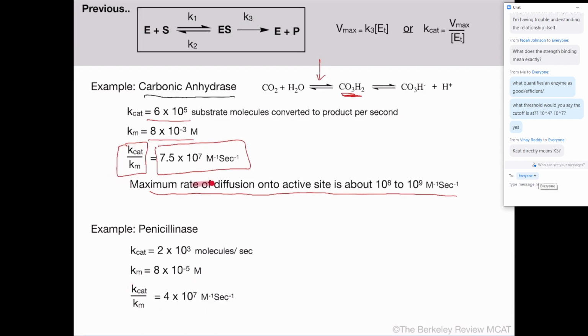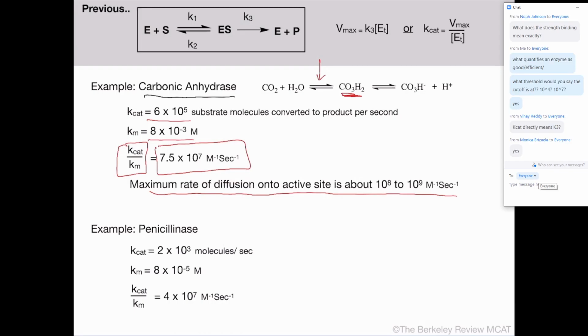You guys see that? So again, it's how strongly your enzyme and substrate bind to each other. If this is a very strong bind, it'll make your enzyme more efficient. And if it has a high Kcat, aka K3, it's going to make your enzyme more efficient.